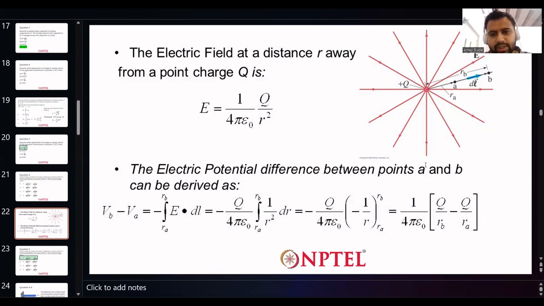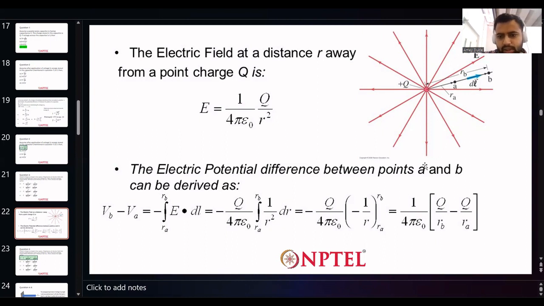And for electric potential, basically electric potential is the energy that is required to move the charge from point A to point B. So you get the initial point and the final point.